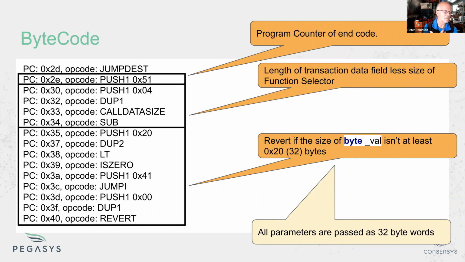You might recall we're only after 1 byte. However, in Solidity and in the ABI, all parameters are passed in as words, so 32-byte words. So even though we've only got 1 byte, it's passed in as a whole word. And so we check that we've got at least 32 bytes, and if we don't, then we revert.